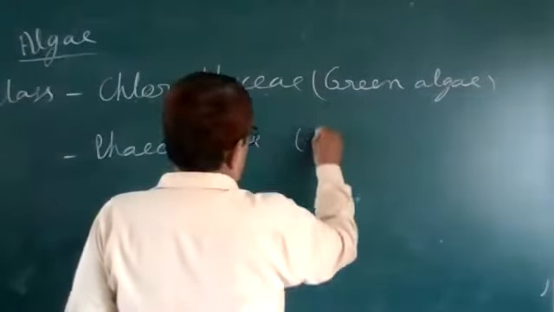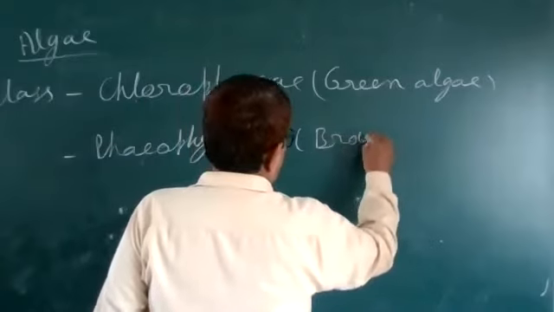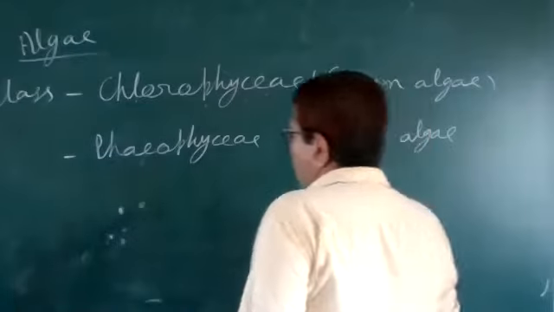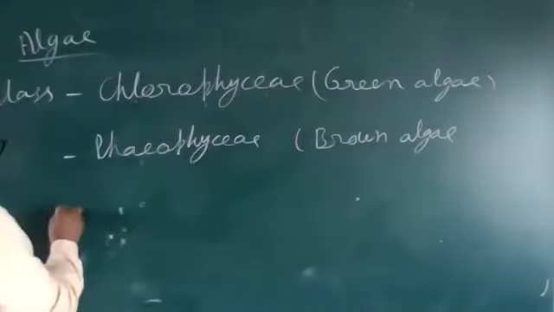Phaeophyceae, called brown algae. And the third one is rhodophyceae.